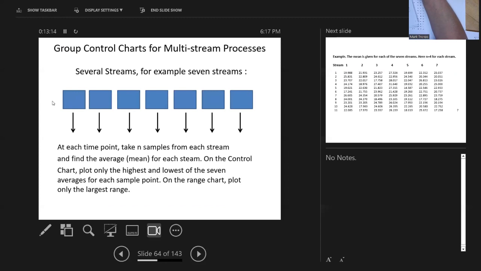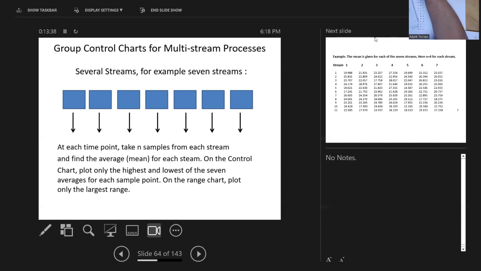So for example, if we have 7 streams, these could all be coming from the same machine, but just different streams. You maybe have different tools making each of these, or in some cases, it could be from 7 different machines. They're all making the same part.